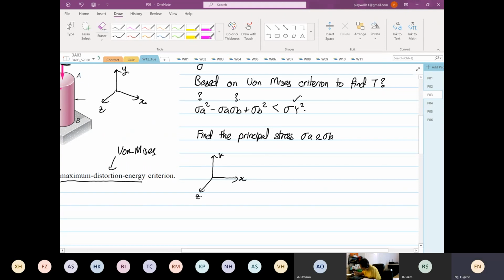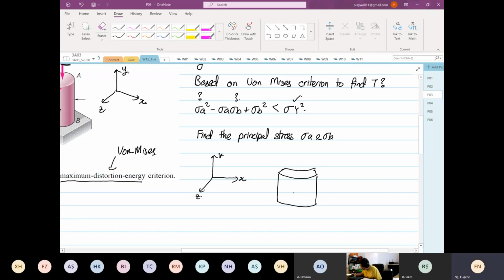Our element looks like this. I should have drawn more this way. I do apologize. Okay, so that's our element.